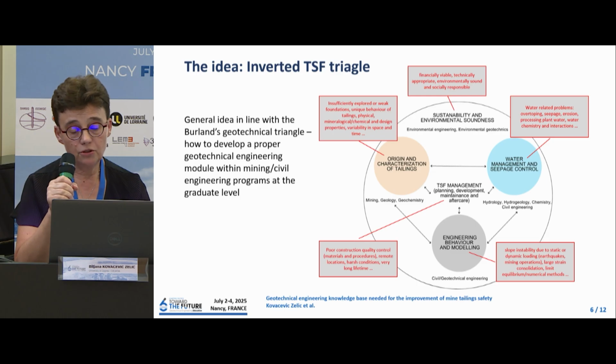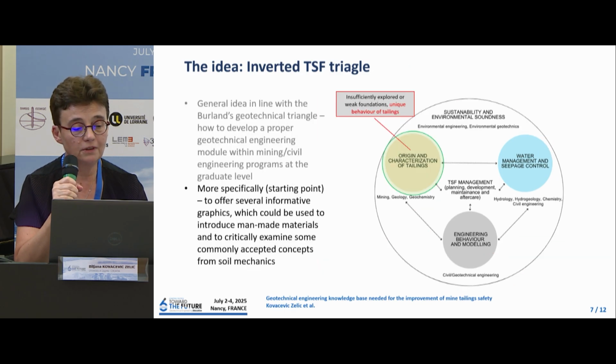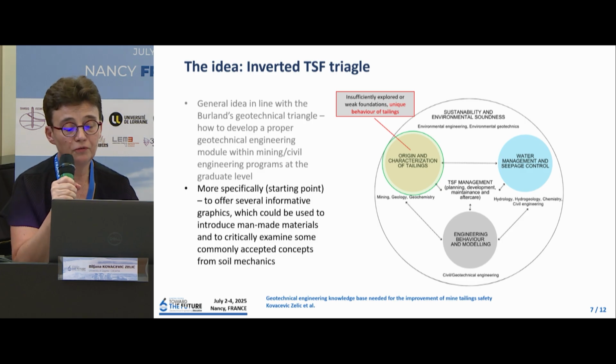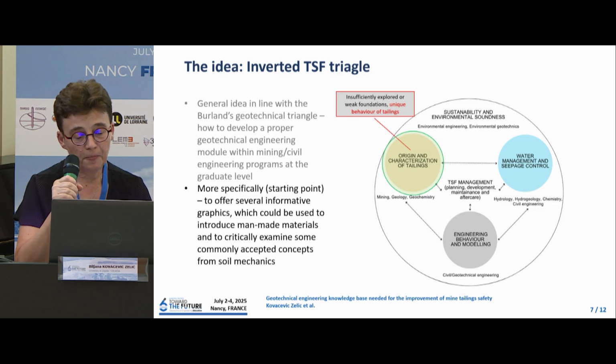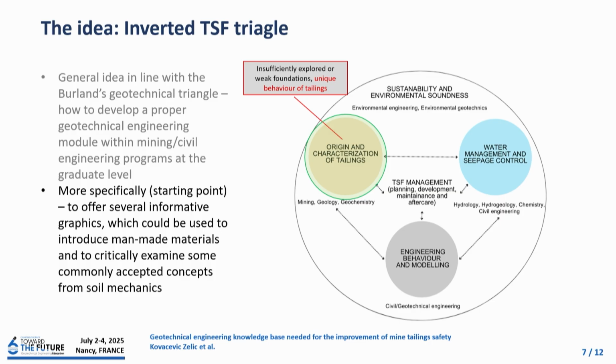And beside this general TSF triangle as a proposal, our proposal, we have developed some initial informative graphics that will cover just one of these major pillars, related to origin and characterization of tailings.